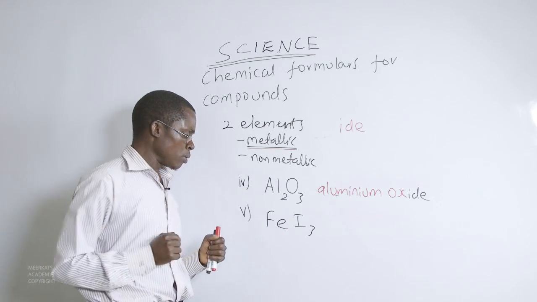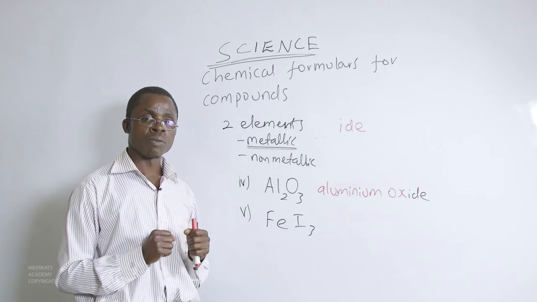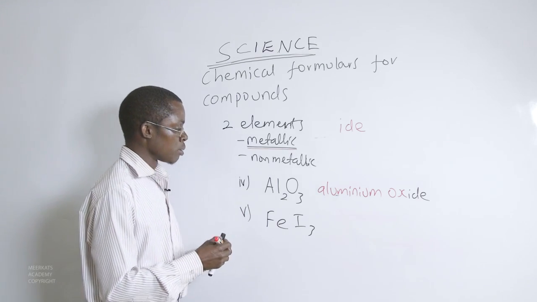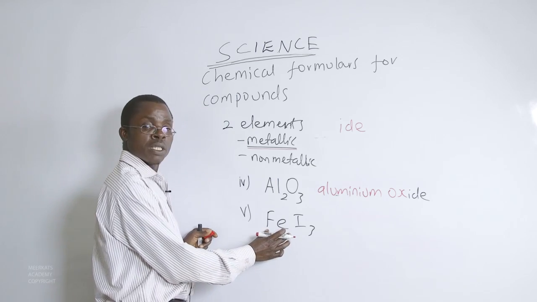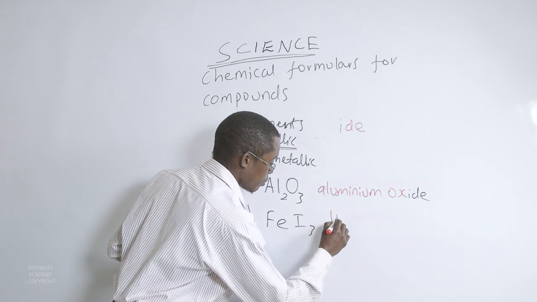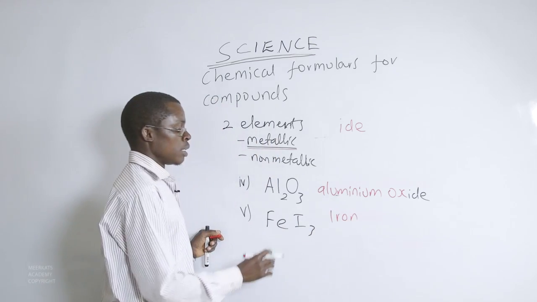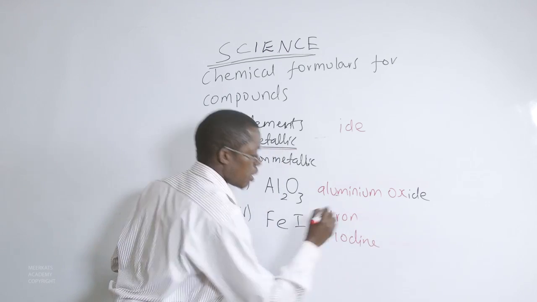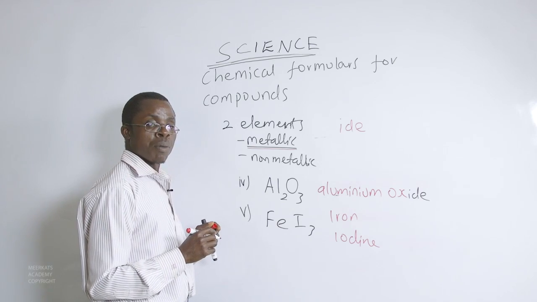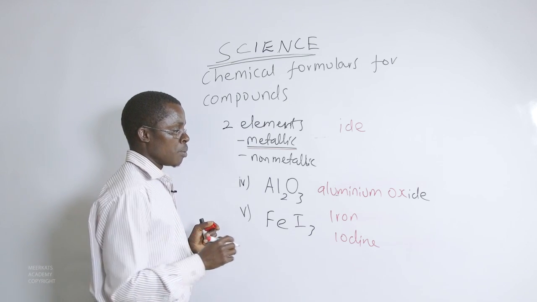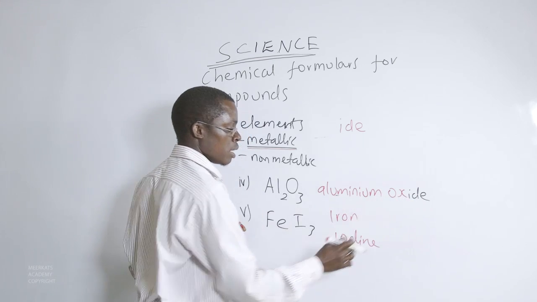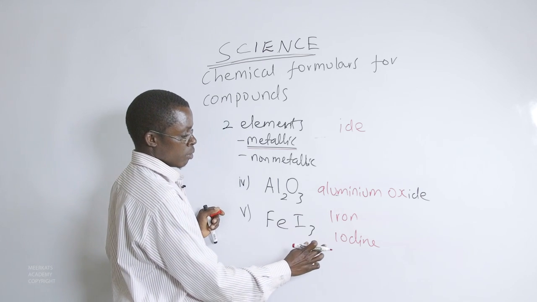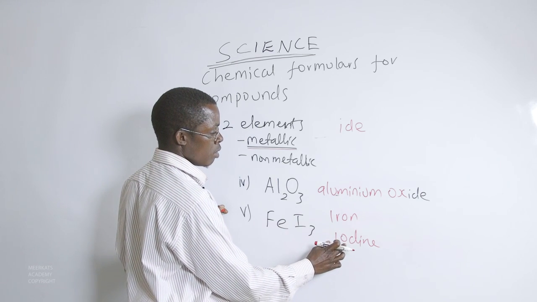Now, in this compound, we want to get the name. Let's move on. First element, iron. Second, iodine. We pick part of it. Remember, we have to add the suffix IDE. We try with this, IO.